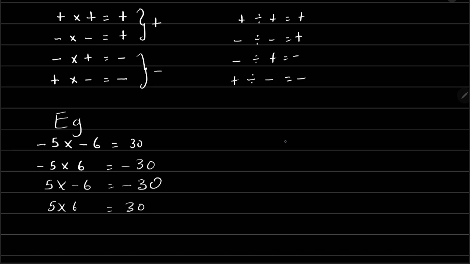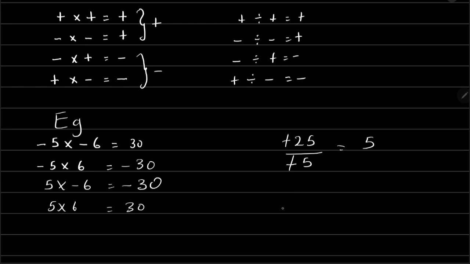Let's just say we had negative 25 divided by negative 5. The negative divided by the negative would give you a positive, and 25 divided by 5 would give you 5. Remember, there's no need to write the positive sign. It's understood that it is there.